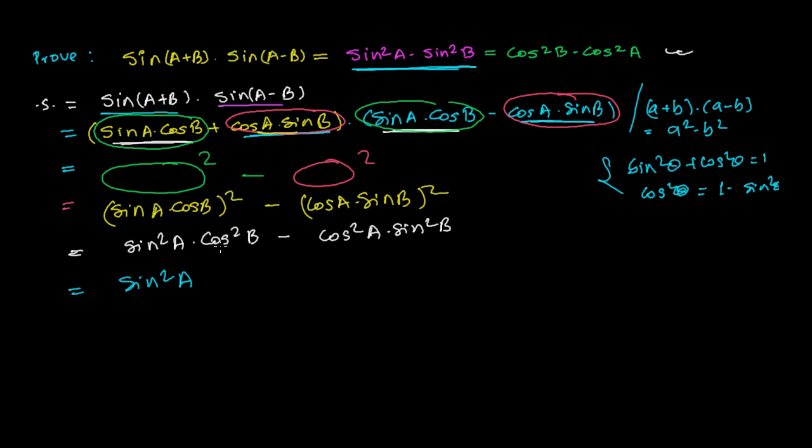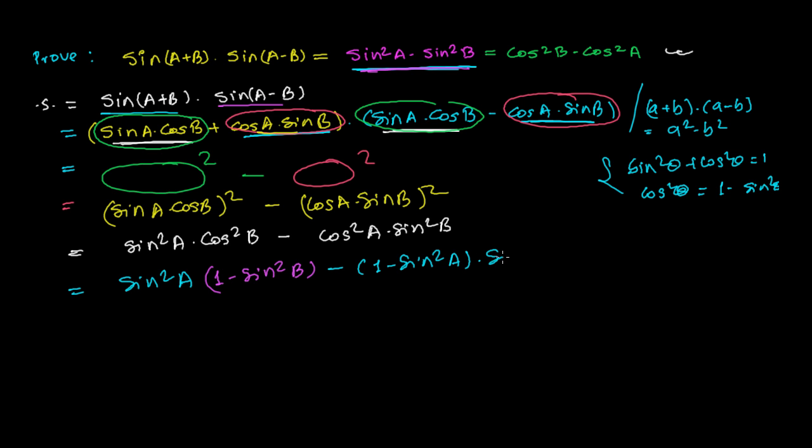So instead of cos square b, I can write 1 minus sine square b, so my cosine has been converted, and everything is going to be in the form of sine. And here I don't need this cosine, so I convert it as 1 minus sine square a, and I need this sine.